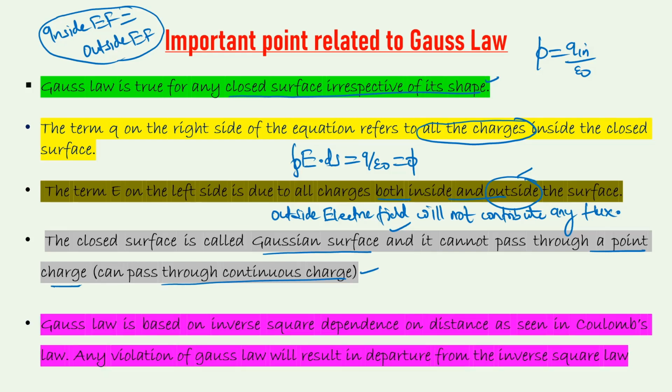Further, Gauss law is based on the inverse square dependence on distance, as seen in Coulomb's law. Any violation of Gauss law will result in a departure from the inverse square law. Here the electric field depends upon r squared, same as Coulomb's law.